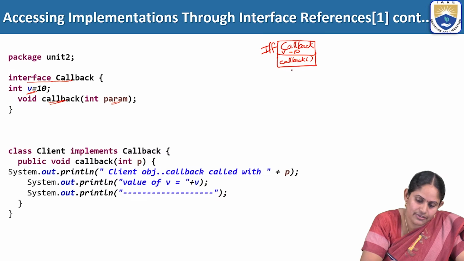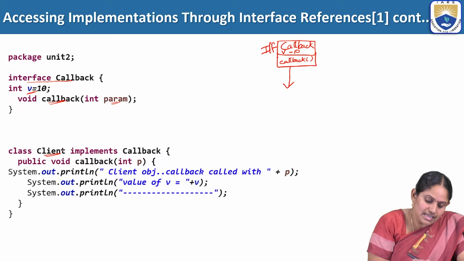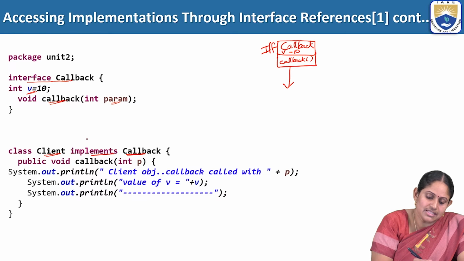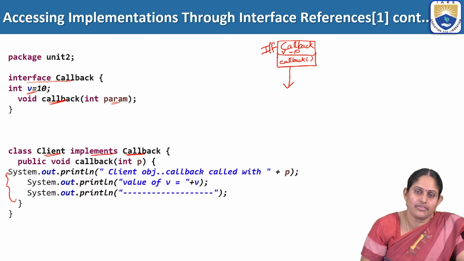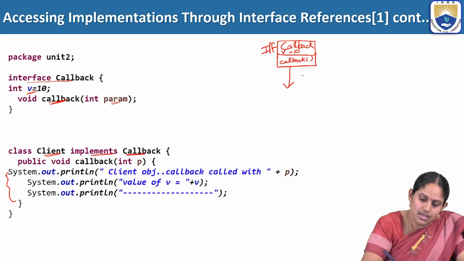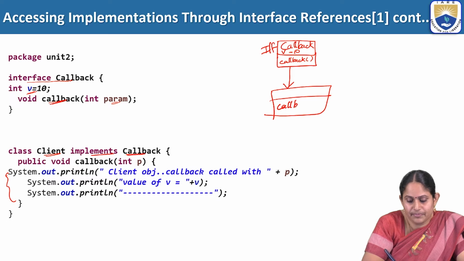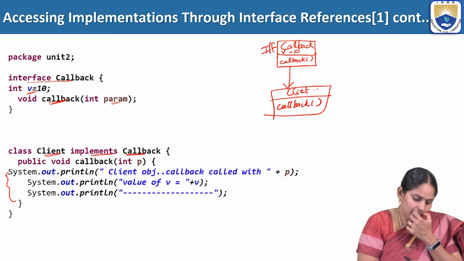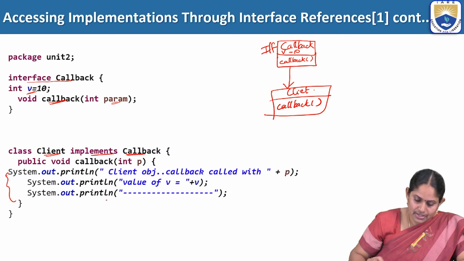Now from this interface callback, a class named client is implemented. Since client is implementing this callback interface, the method callback should be given some body. That method is defined inside the client class, which gives some body for callback in its own way.